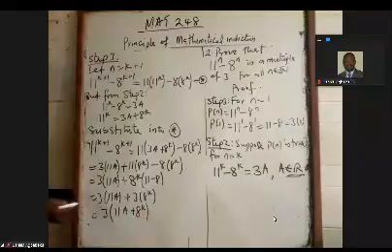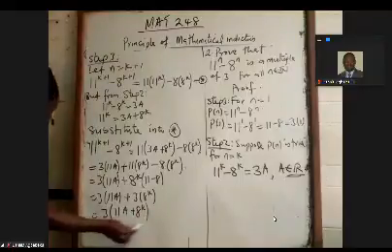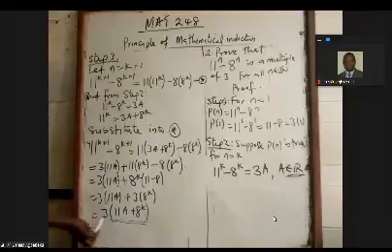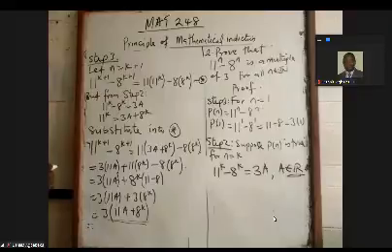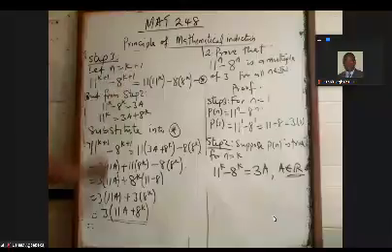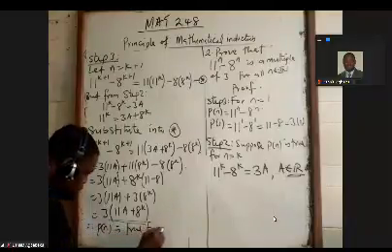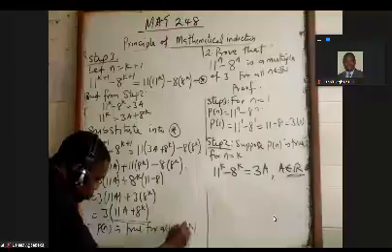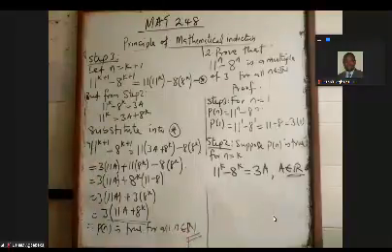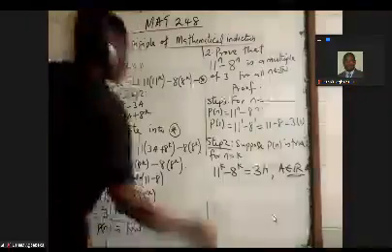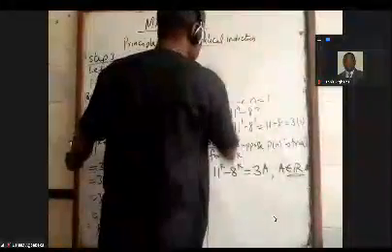Now, in example 3, I'm going to prove that the summation of i squared, with i from 1 to n, is equal to 1 over 6 n in bracket n plus 1 in bracket 2n plus 1. Okay? We are going to prove this one.